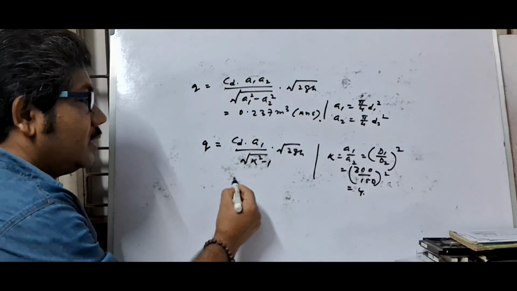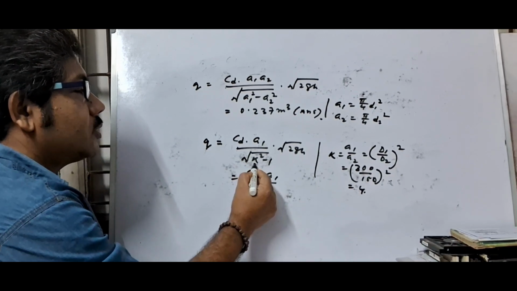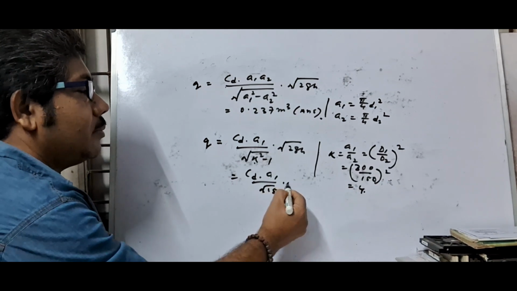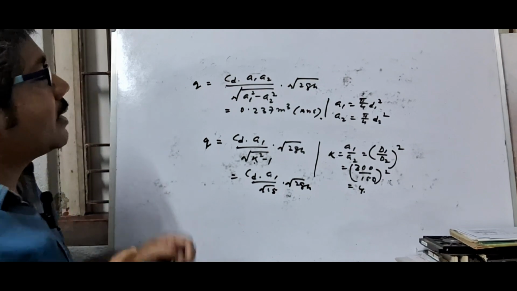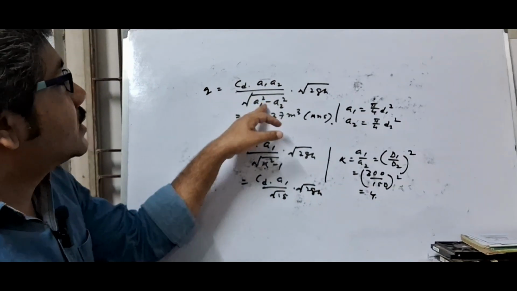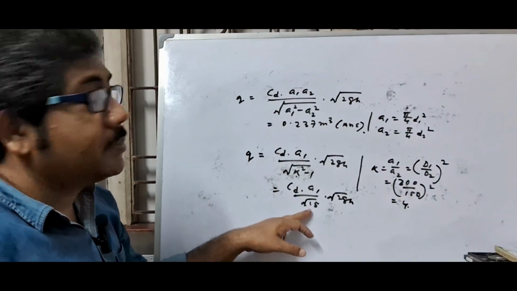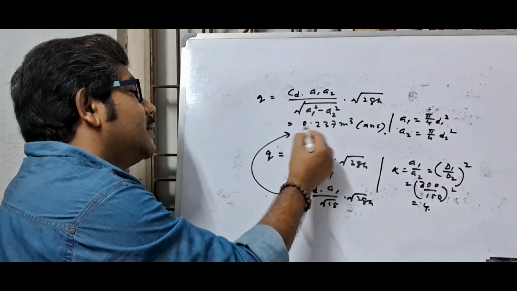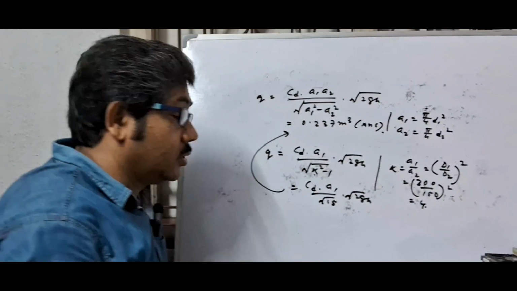That means you can avoid calculating root of A1 square minus A2 square and simplify using root 15, and the answer will be the same as the first portion.